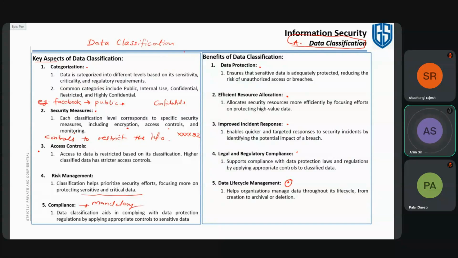The data will be protected, you can utilize resource allocation in an efficient way, and definitely you should have improved incident response, and to comply with the legal and regulatory requirements, you have data categorization, data validation, and data masking or data pseudonymization.